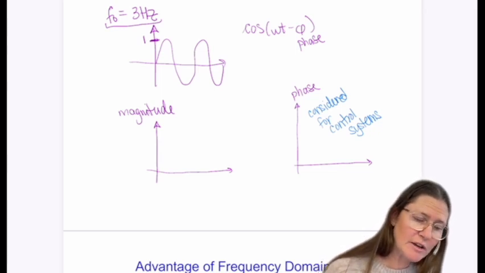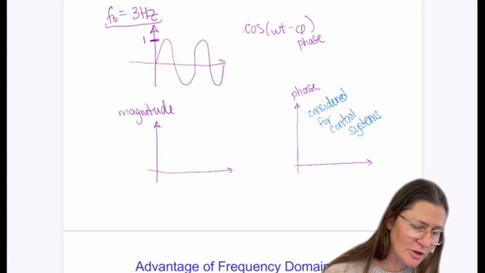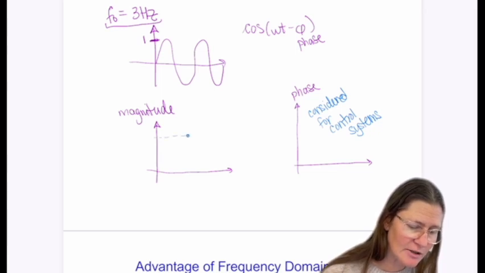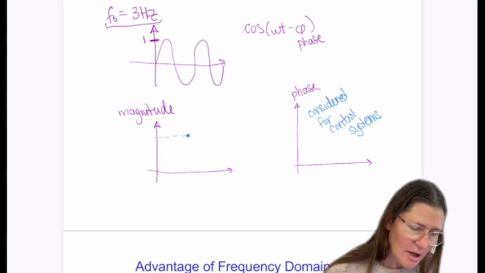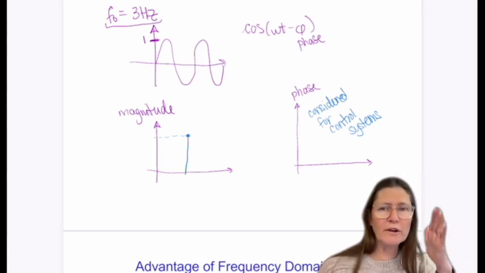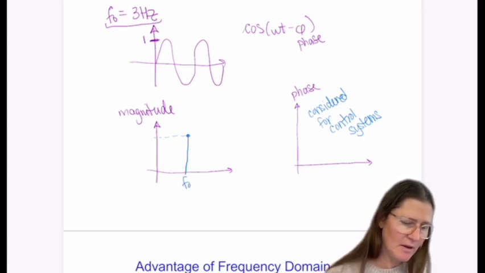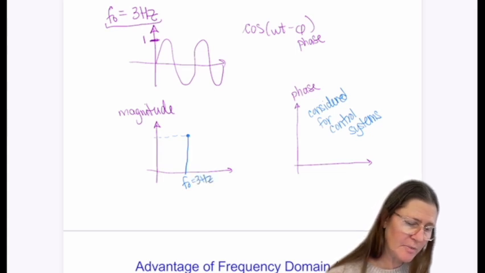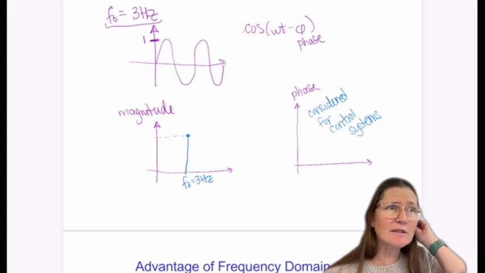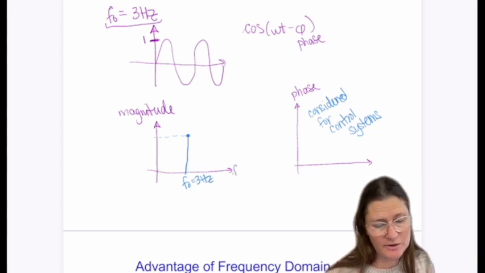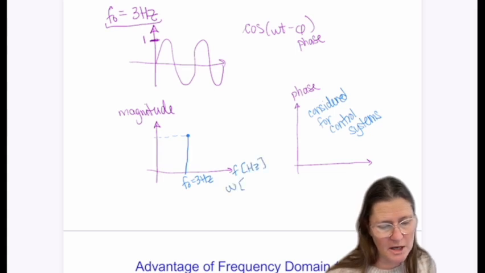When we draw the magnitude, it's going to stay the same magnitude, just with one value at that specific frequency. So in this case, this will be 3 hertz. Our x-axis is going to be in frequency, which is hertz, or omega in radians per second.